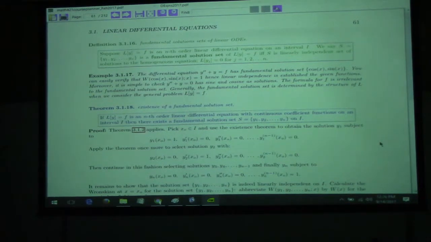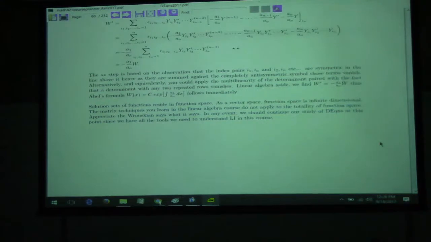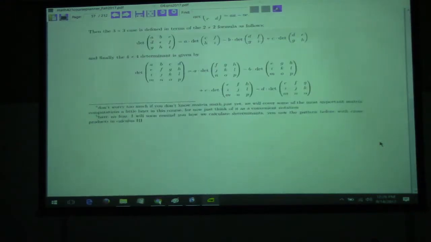So what you can do, this assumes there's a theorem that I have failed to project, but fine. There are those formulas for the determinant I was talking about.